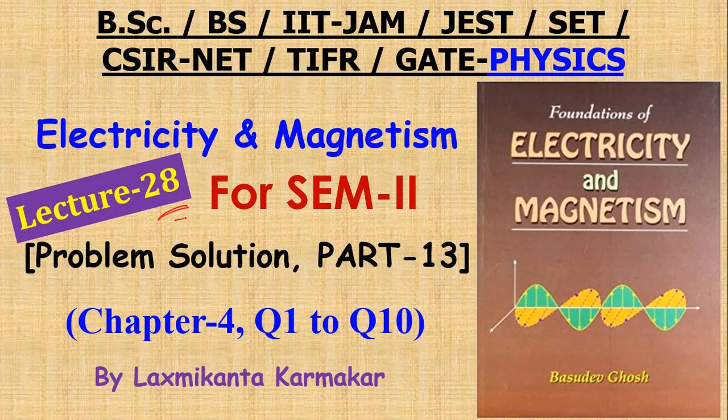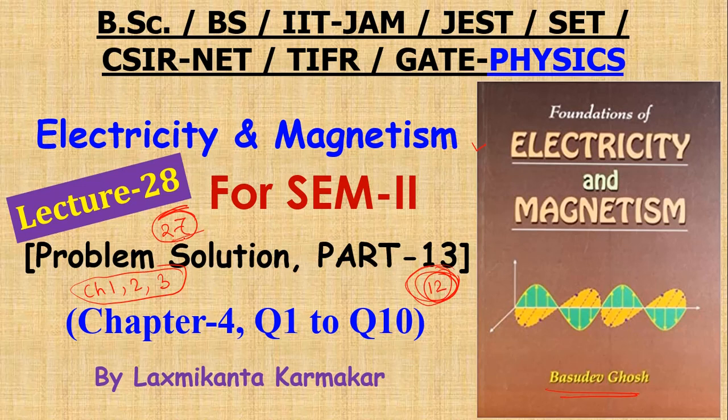27 lectures are already covered. In lecture 27, we covered the solutions of the problems in the book Electricity and Magnetism by Vasudev Ghosh. 12 parts of this book, chapters 1, 2 and 3, are already covered in the previous 12 parts. If you want, go through the description box, where links are given.